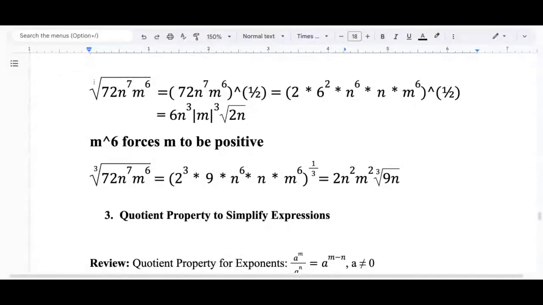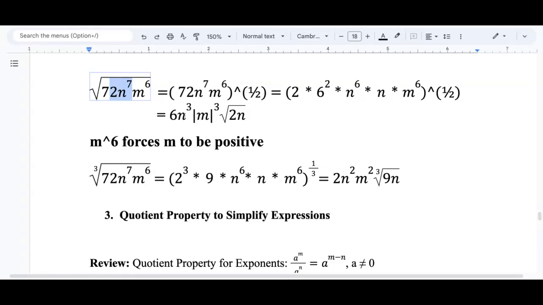Let's see this one. We have 72 again. So that means we can factor out 6. We can square root out 36, becomes 6. The n raised by 7. 7 divided by 2 is 3.5. So it takes a 3, we leave the half. That's n raised by 3. Then m raised by 6.